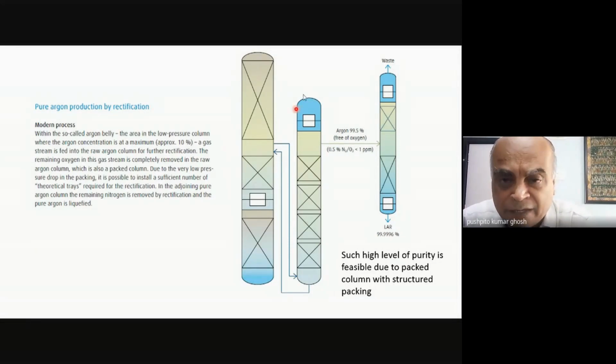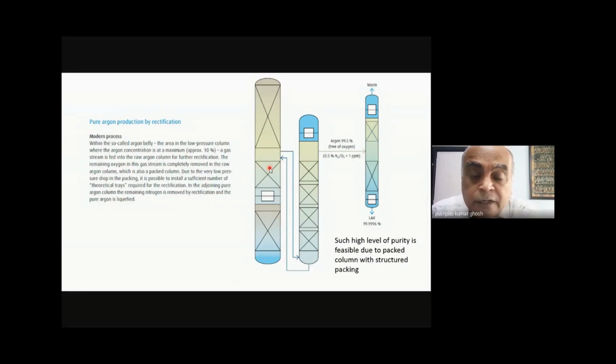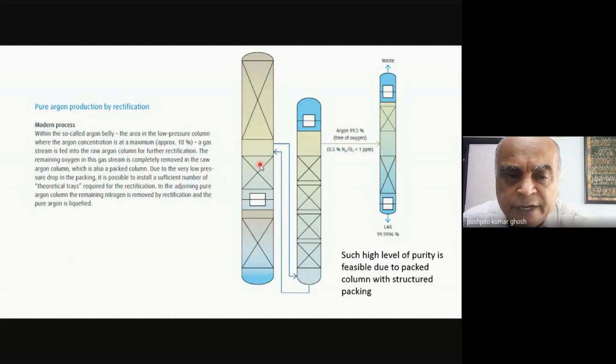There are many other factors. It may not be exactly in the middle. It will depend on a lot of things. But typically, you can have an argon concentration which goes up from 1% to something like 10%. Roughly from 1% in air, so in the belly of the top column, it can achieve something like about 10%.